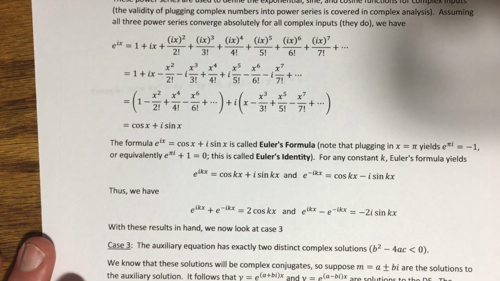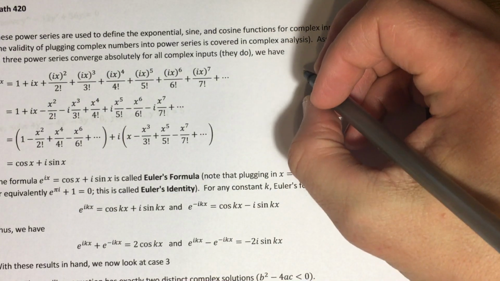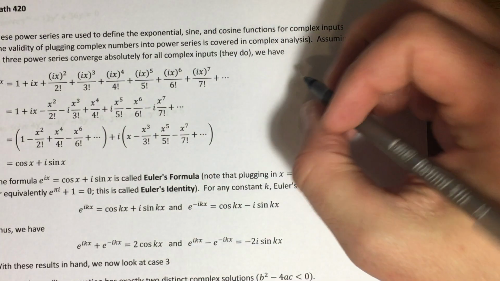It's at this point that we need to remember how the imaginary constant i works. By definition, i is the number that you can square to get -1. This is usually talked about in an intermediate algebra course where you're introduced to complex numbers.